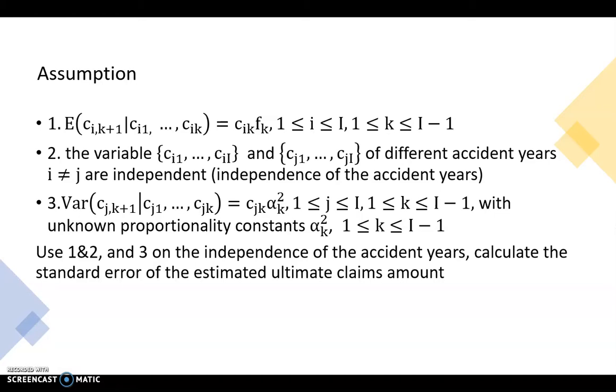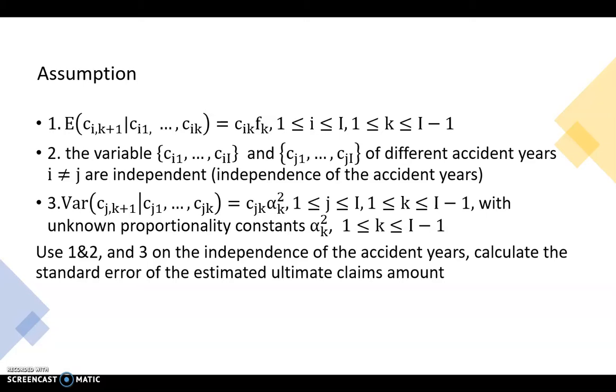Assumption 2 here says that different accident years should be independent of each other. It's true because if we treat them as dependent, we still need to consider the correlation between years, and we may introduce more complicated calculation, which may lower the efficiency.